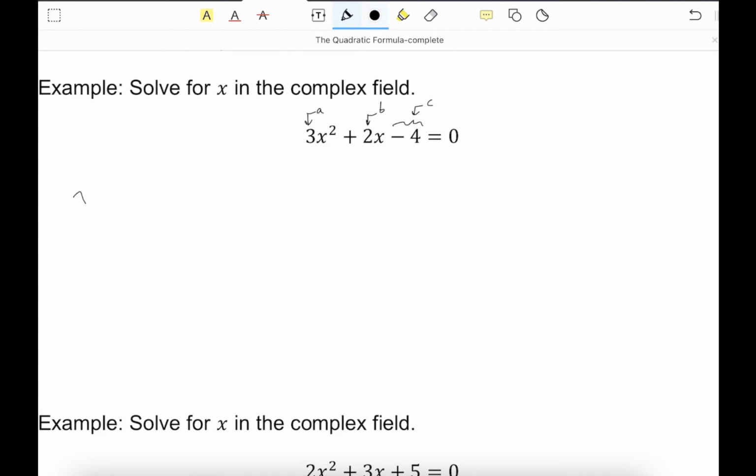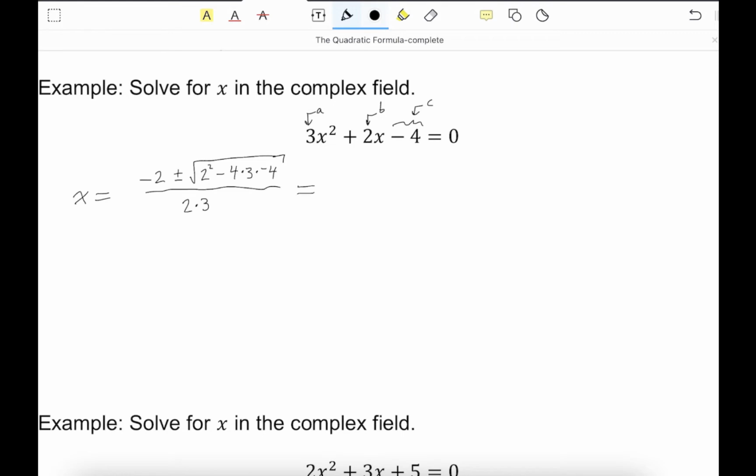So we can go right to the quadratic formula. The opposite of b, negative 2, plus or minus the square root of b squared, so 2 squared, minus 4 times a, 3, times c, which is negative 4, all over 2 times a, which is 3.